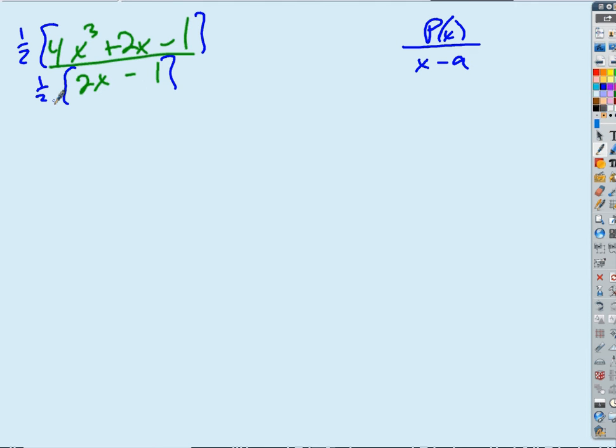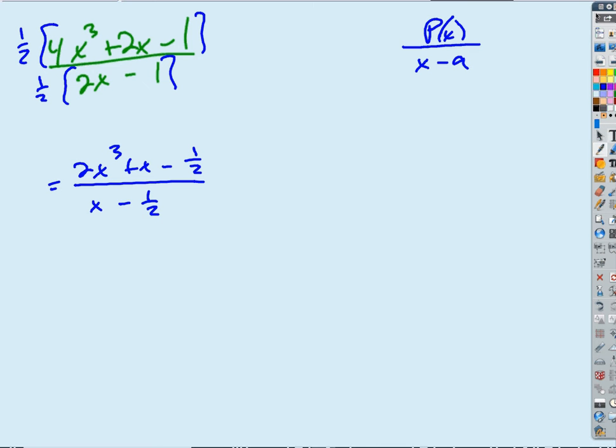So what do I get? On the top I get 2x plus x minus 1. Okay. On the bottom? Okay, everybody agree? Okay, and then I could just do synthetic division on that. Okay, that's now it fits this form.